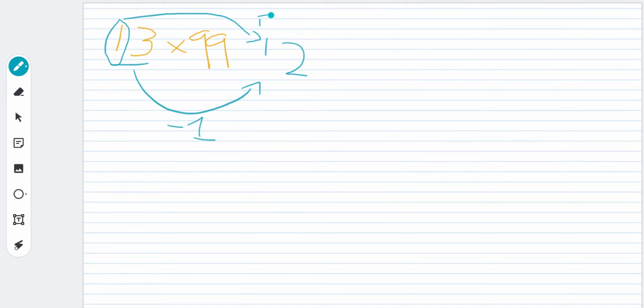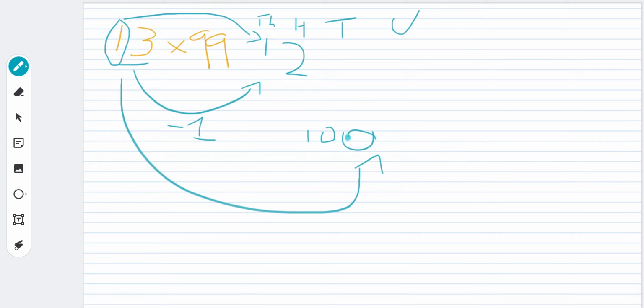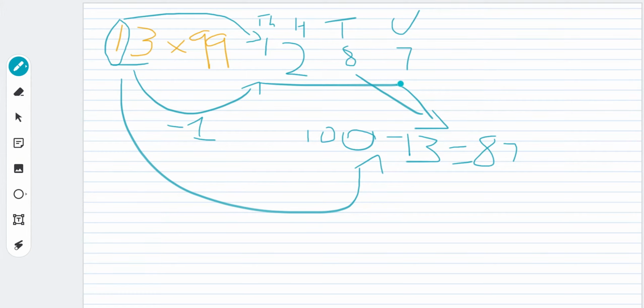That's the thousands, and this is the hundreds. And then for the tens and the ones, it's going to be 100 minus this number. So 100 minus 13 gives you the result for the tens and the units. This is going to be 87. So you just slot 87 into the tens and the units, and you get your answer here, 1287.